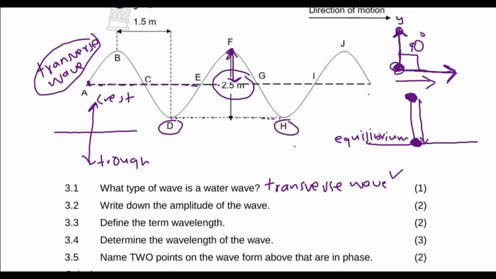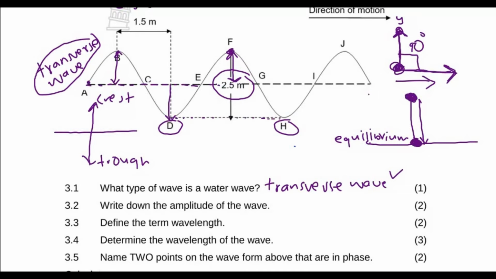Now the amplitude, I said, is the magnitude of the maximum displacement from equilibrium to the highest point. But you and I can agree that the distance from equilibrium to the crest is the same distance as from equilibrium to the trough, right? Those two distances are the same.